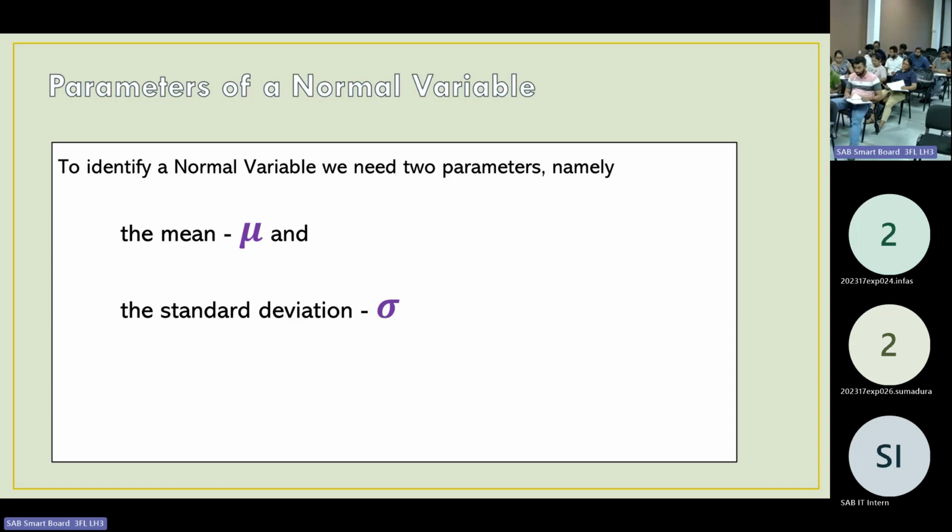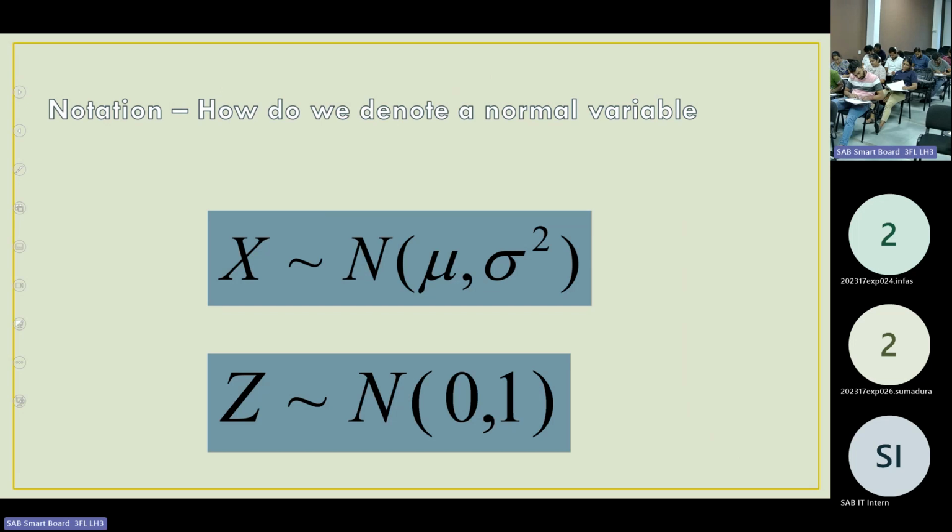Next, how do we denote this? The next line: let capital X be a random variable following normal distribution with parameters mu and sigma.